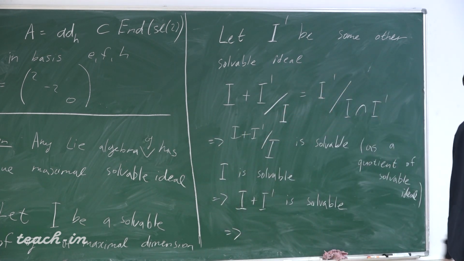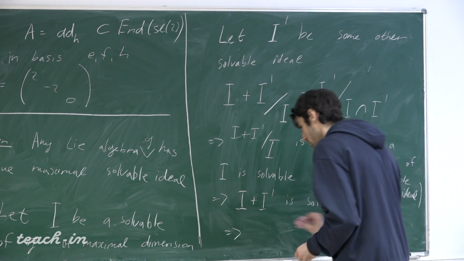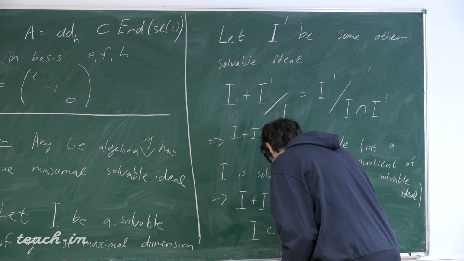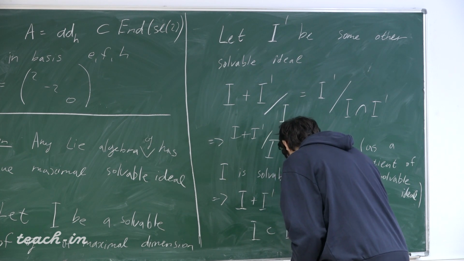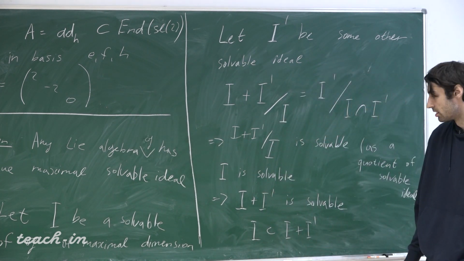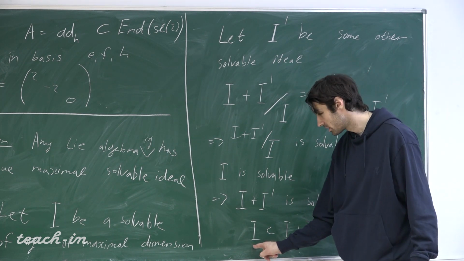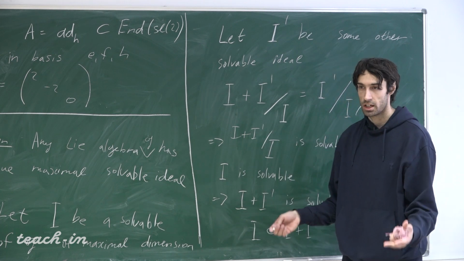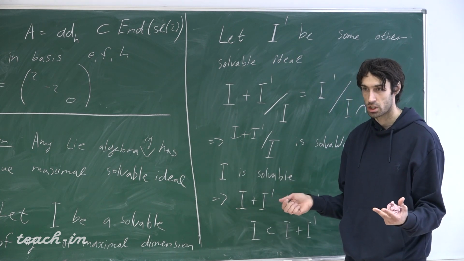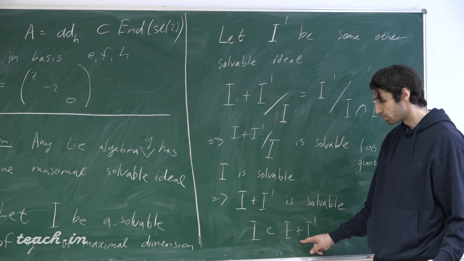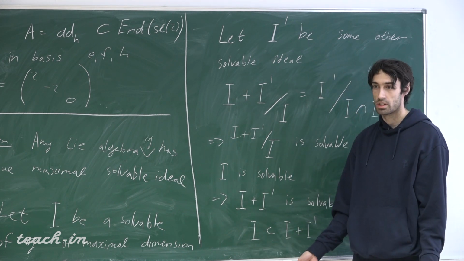Yes. You have this, right? I is inside I plus I prime. This one is solvable, and this one is solvable. But this one, among all solvables, has maximal possible dimension. So therefore, the dimension of this cannot be bigger than the dimension of this. So therefore, they coincide.